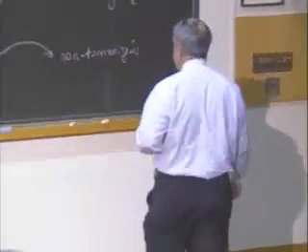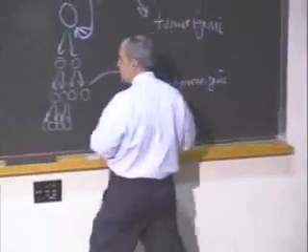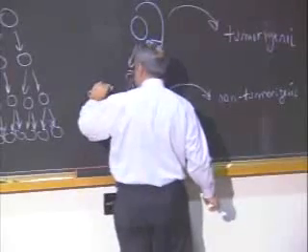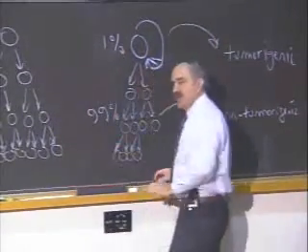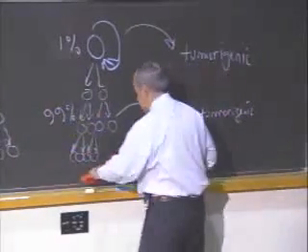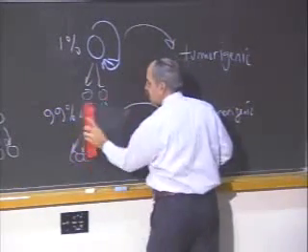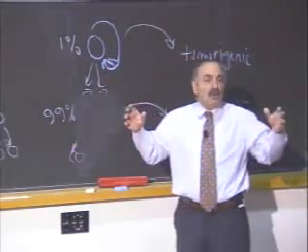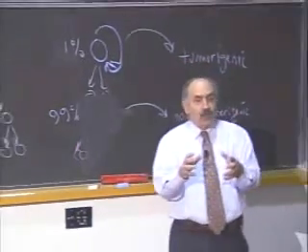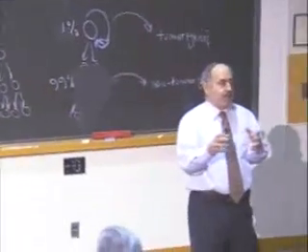But let's look at what's going on here. If these cells are 99% of the tumor in terms of the mass, and these cells are 1% of the tumor, let's say you've invented a new drug which wipes out all of these cells but doesn't touch these cells. The bulk of the tumor has shrunk, and everybody will say, Eureka, we've succeeded in curing cancer.